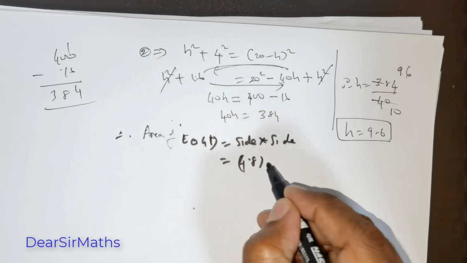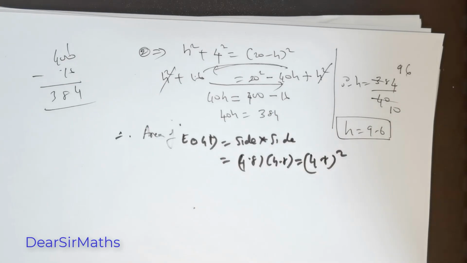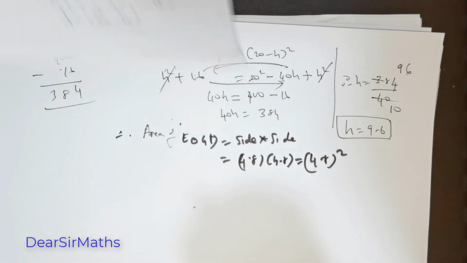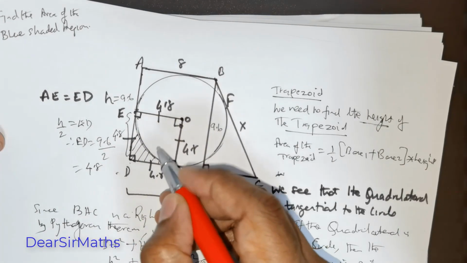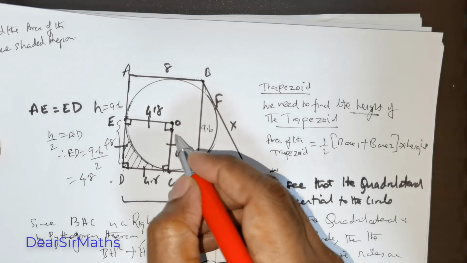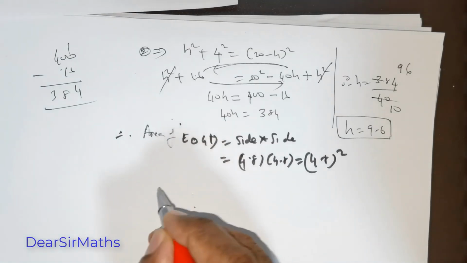So this is going to be 4.8 times 4.8, which is equal to 4.8 squared. So we got that 4.8 squared. Now I want this region, but what is this? This is nothing but the quarter circle. So I need to get the area of this quarter circle, EOG.